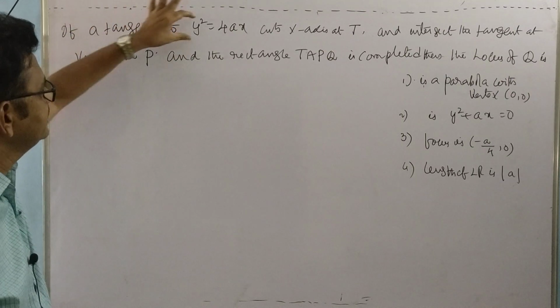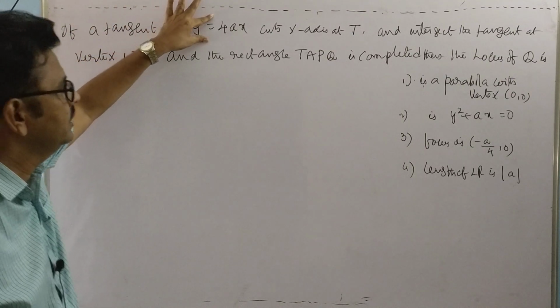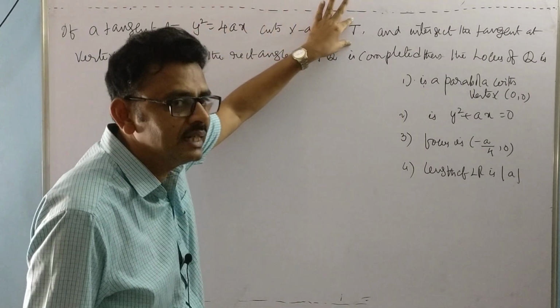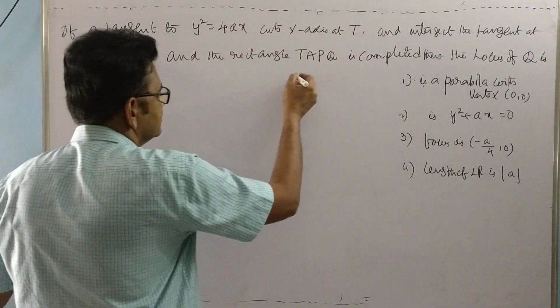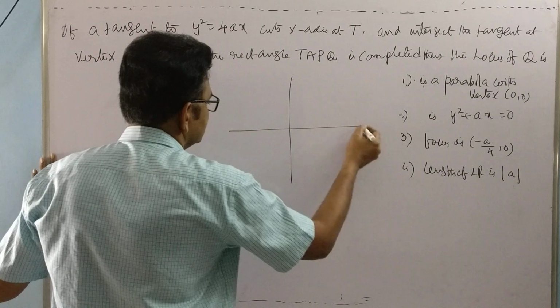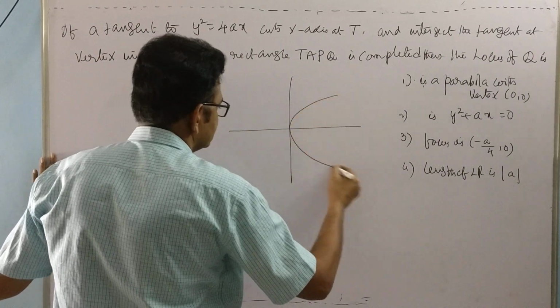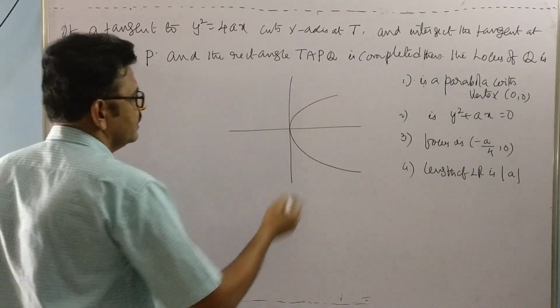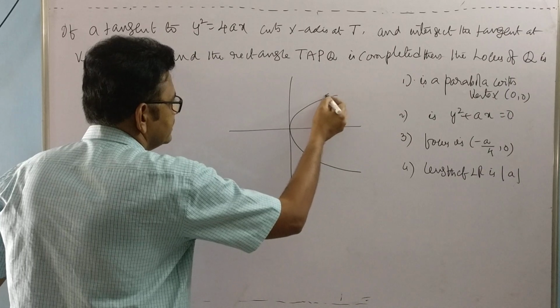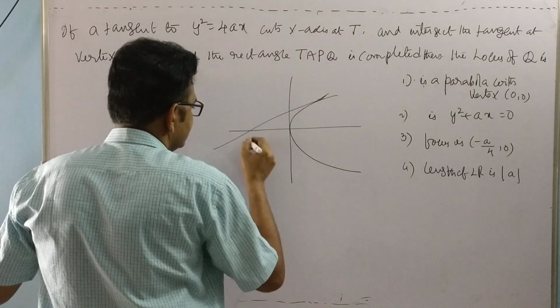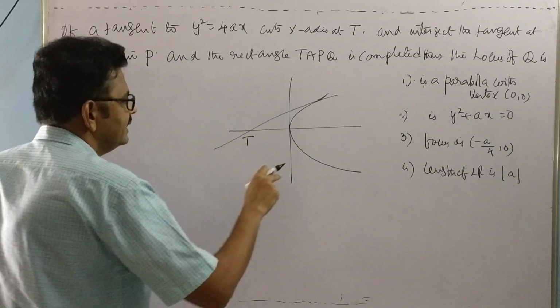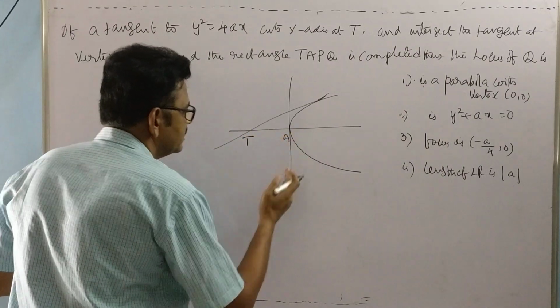If a tangent to the parabola y square equal to 4x cuts the axis at the point T, so this is y square equal to 4x. This is the tangent at some point, meets axis in T, and the tangent at vertex A, that means the y axis.